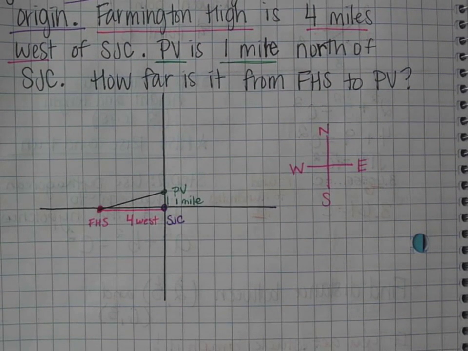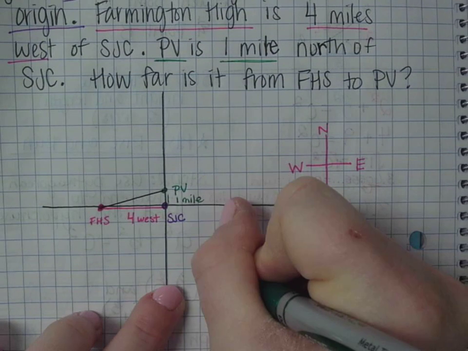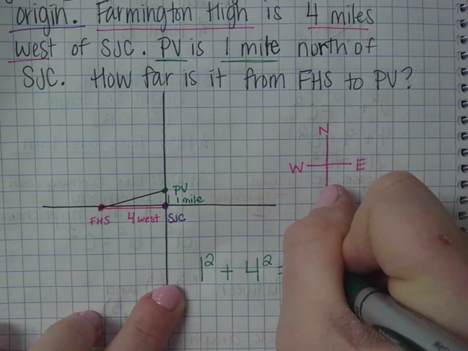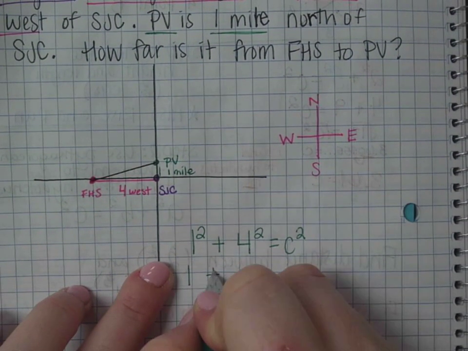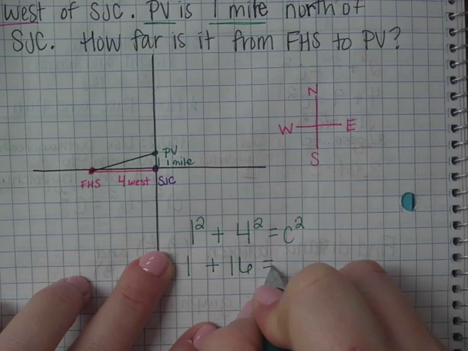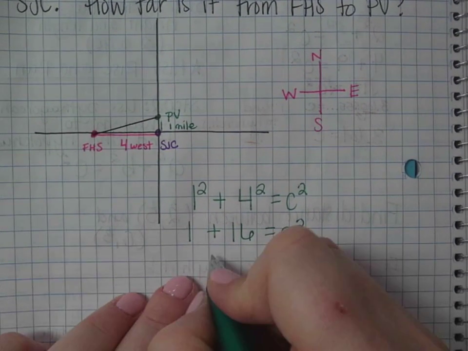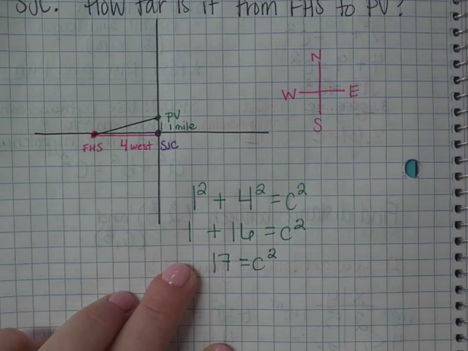So now we're going to use Pythagorean theorem. So I'm going to do 1 squared plus 4 squared equals c squared. So 1 squared is 1 plus 4 squared, or 4 times 4, is 16 equals c squared. 16 plus 1 is 17 equals c squared.